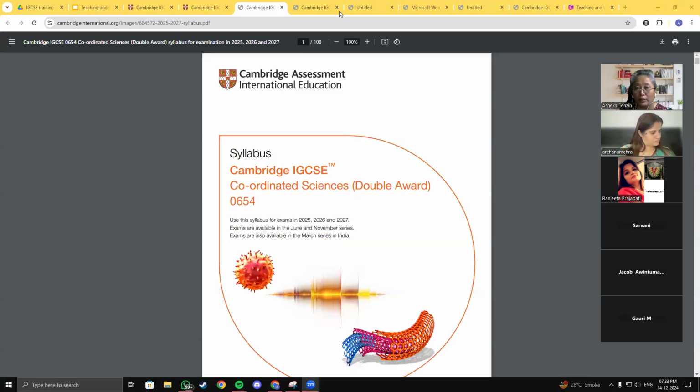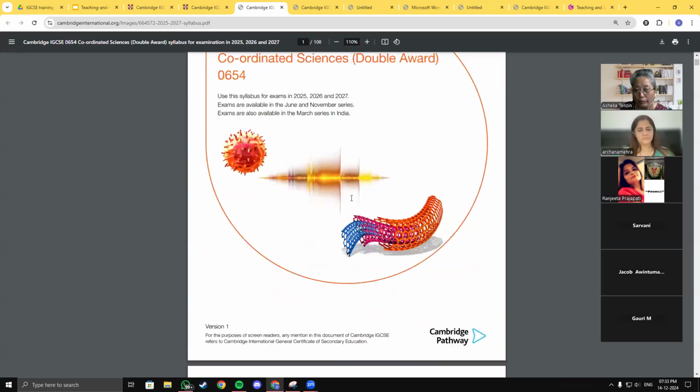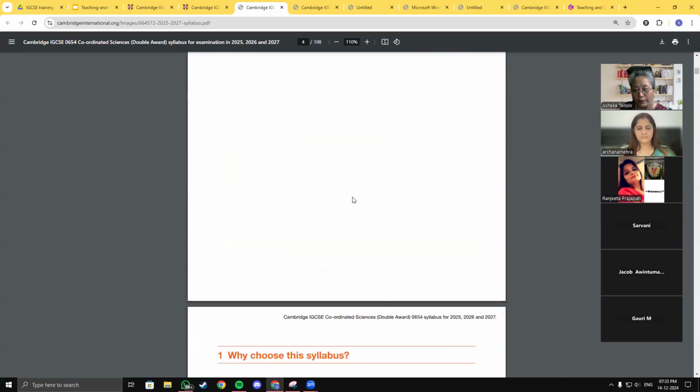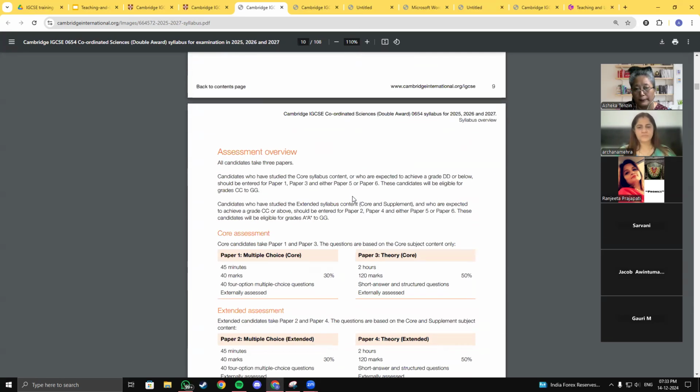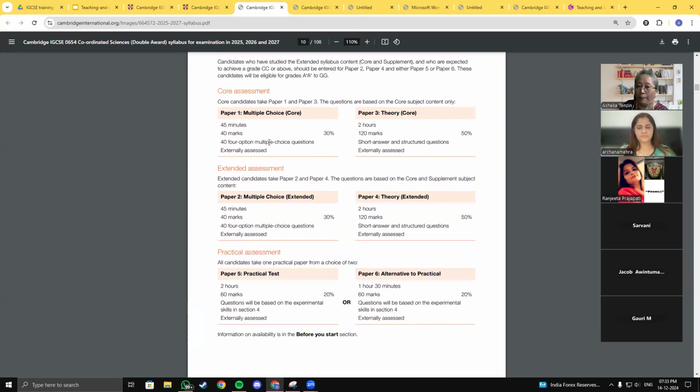So when you look at the 6 papers here, paper 1 is multiple choice. Paper 2 is also multiple choice. But paper 1 is for core and paper 2 is for extended. Now, what is the meaning of core and extended?